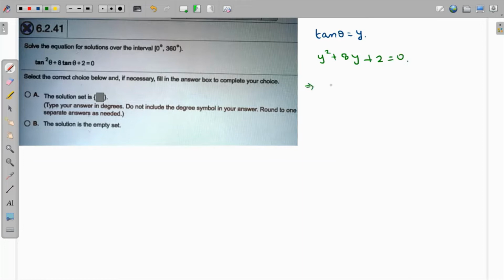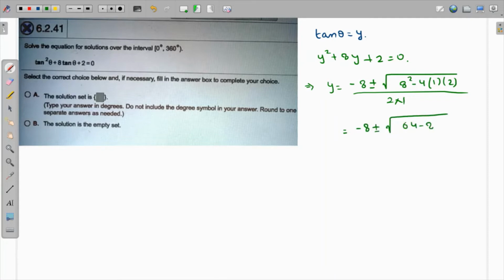So using the quadratic formula, we have y as minus 8 plus minus square root of 8 squared minus 4 times 1 times 2, over 2 times 1. So that's going to be negative 8 plus minus root of 64 minus 8, over 2. 64 minus 8 is 56, over 2.